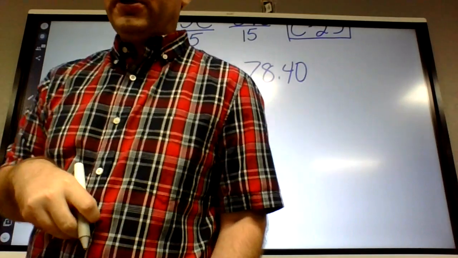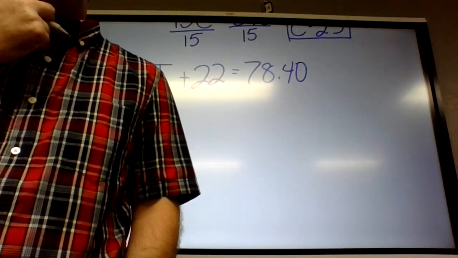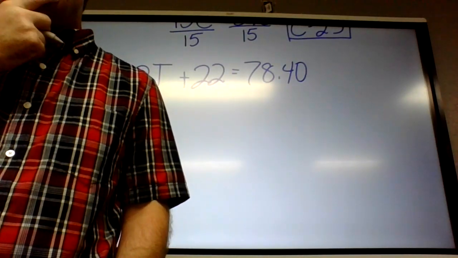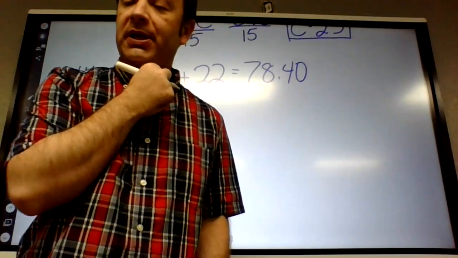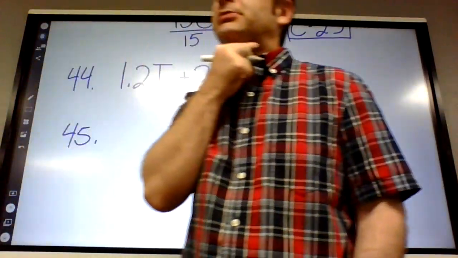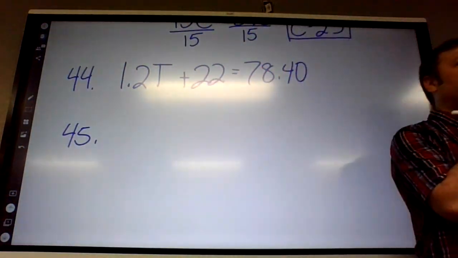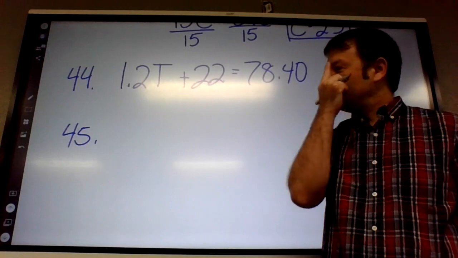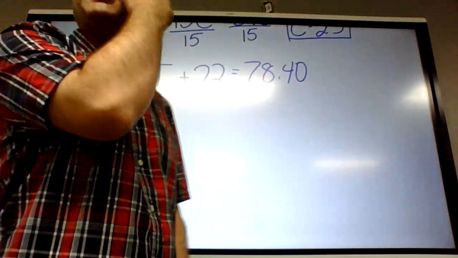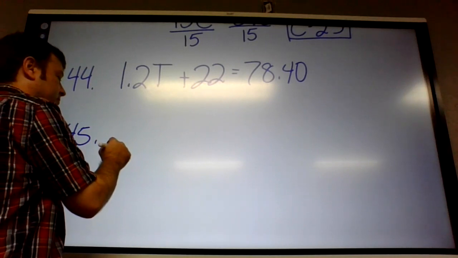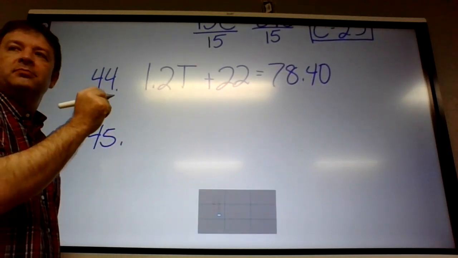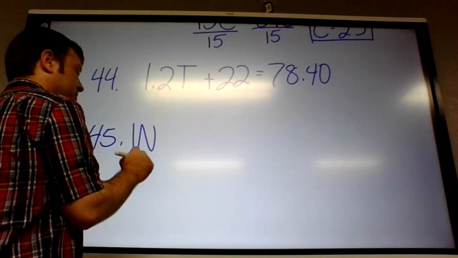Okay, 45. It says one number is 4 times another. How would we, Brooke, how would we write that? One number is 4 times another. You say 1N? Okay, 1N.